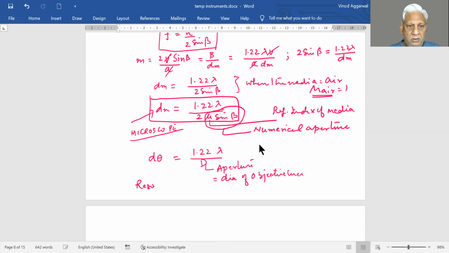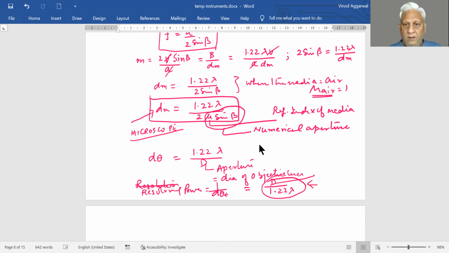And resolving power, 1 over d theta, the minimum distance that you can resolve becomes D by lambda. D is the aperture of the objective. This is the formula for telescopes.